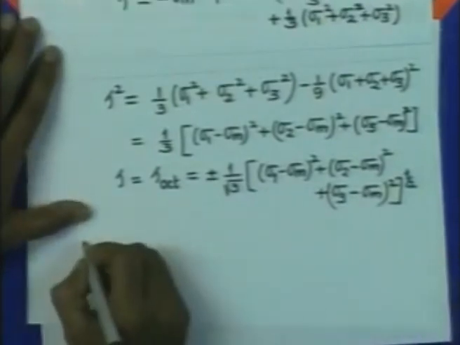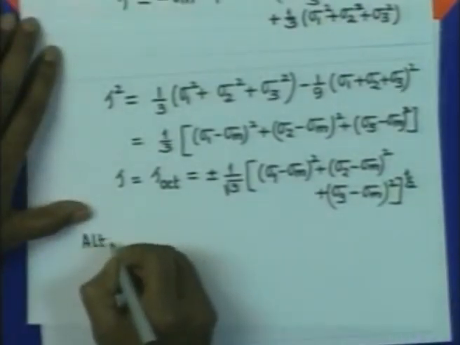You can have alternate forms of tau octahedral.